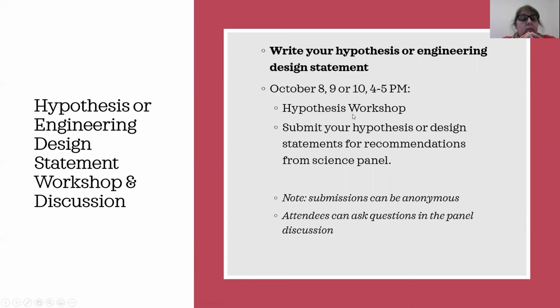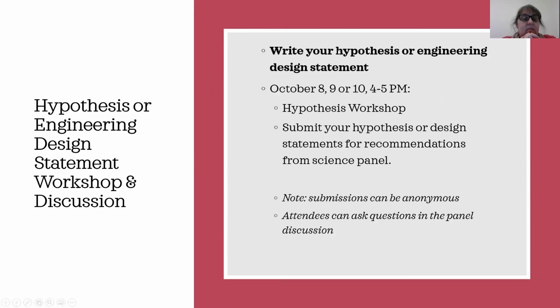And then we have a hypothesis or engineering design statement workshop where you can submit your hypothesis or your engineering design, and then scientists in a panel can give you some recommendations on the safety of your project. Say, hey, make sure you think about this to make sure it's safe, or we can talk about how to change it up, or give some different recommendations.